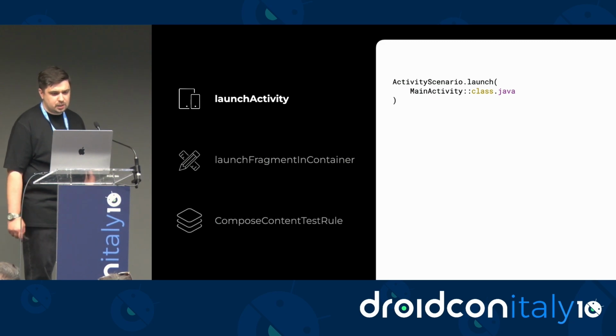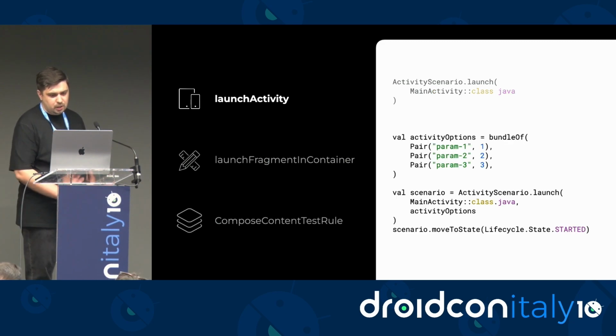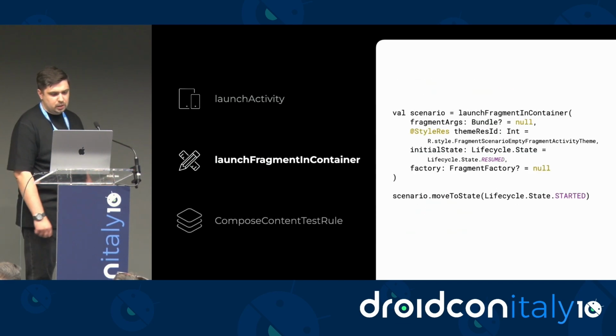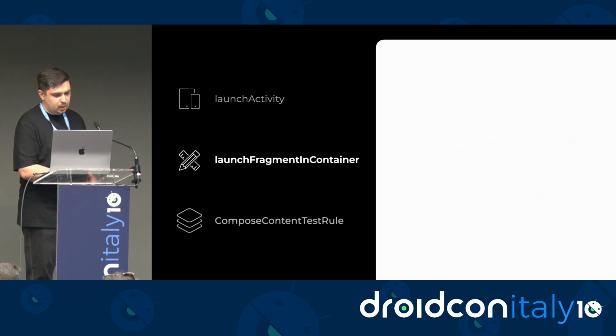We have ActivityScenario, which can be launched. We can predefine a bundle, and add this bundle when we launch our activity to have a predefined set of data. After that, we can also launch a fragment in a container. It helps us to test a fragment in isolation without our main activity.